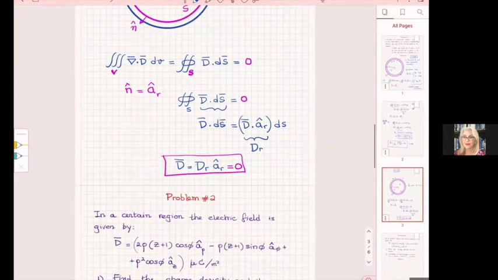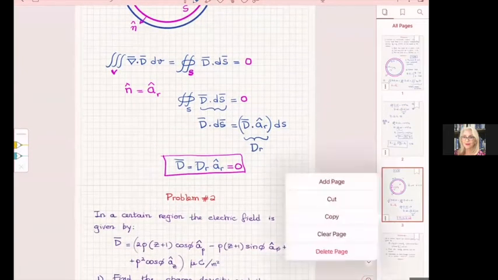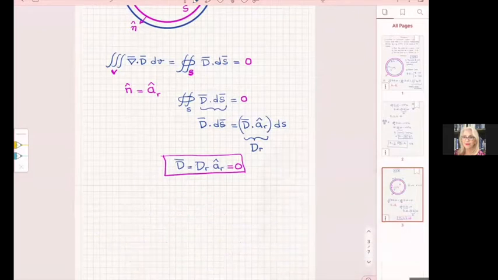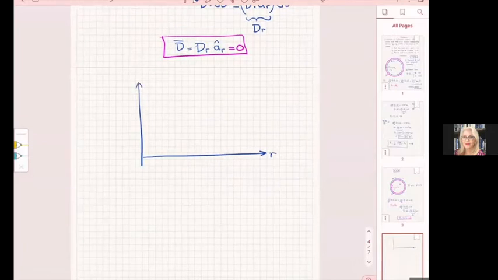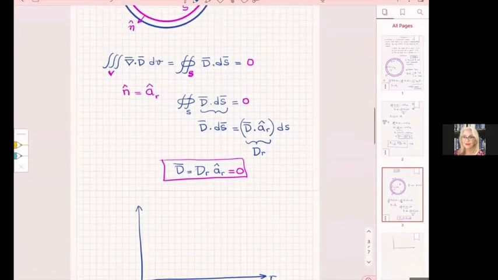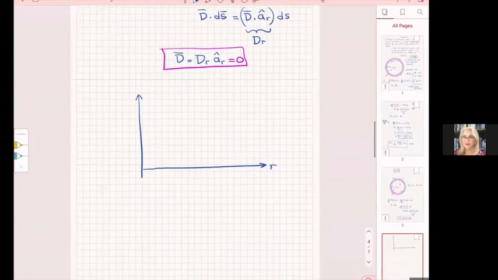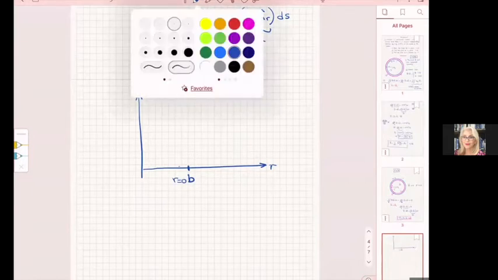And if we want to plot it, what are we going to see? So let's plot R here. And that is E bar. Okay, and then let's assume that this is B. So the field that you're going to see, let me find a different color.